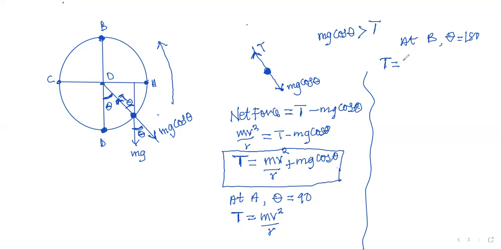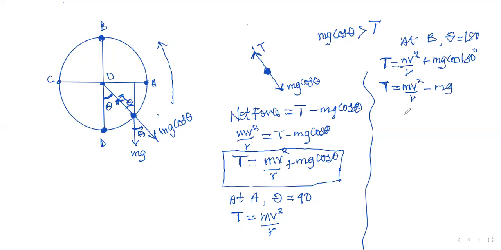Okay, so when we substitute that in, we have mv squared over r plus mg cos of 180 degrees. And cos 180 is -1. So we have T is equal to mv squared over r minus mg.